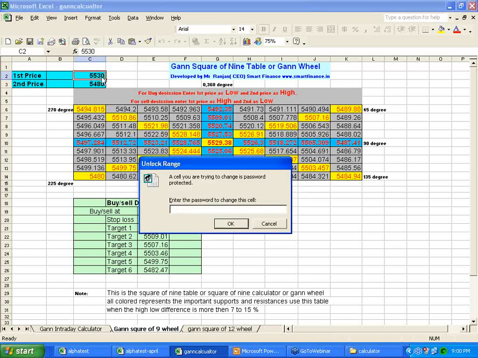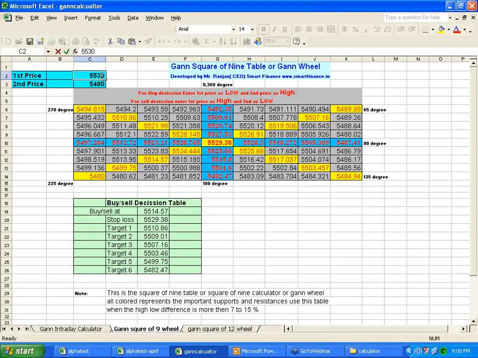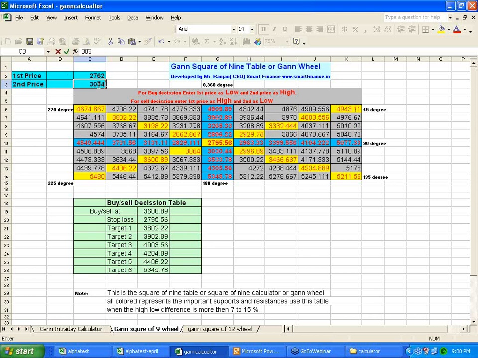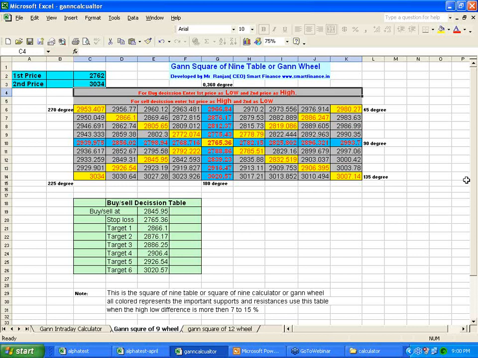So 2762 is the price point we should start from, and we have the probability till 3034. So the purchase price is set at 2845.